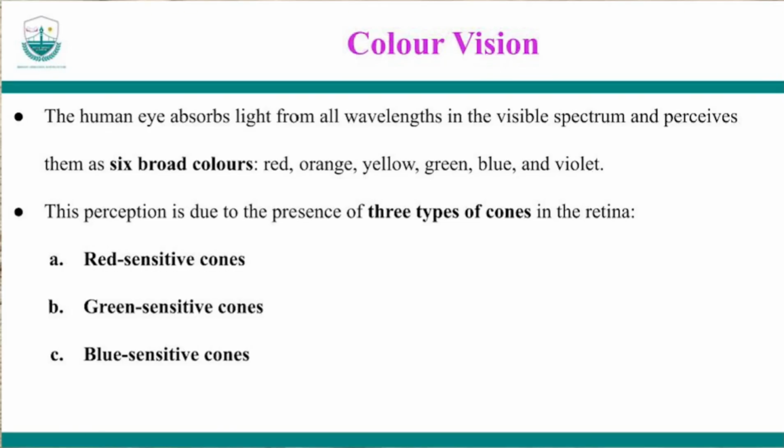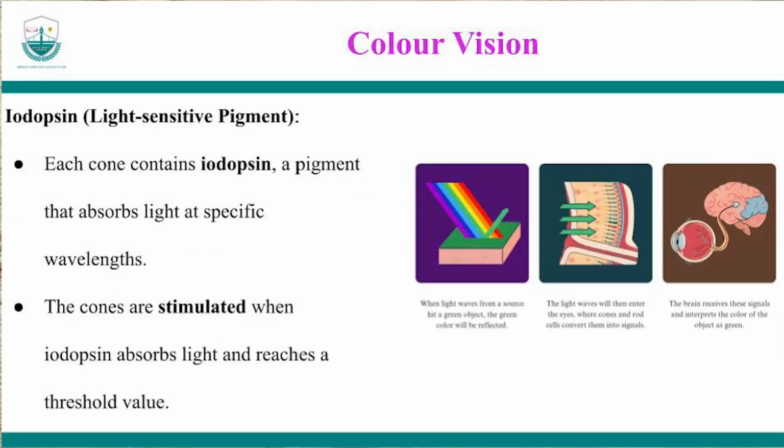So for color vision, don't talk about rods, only talk about the cones, and for the cones we have the three types. The cones have a photosensitive pigment called iodopsin. This iodopsin is the one that absorbs the light that we have talked about.